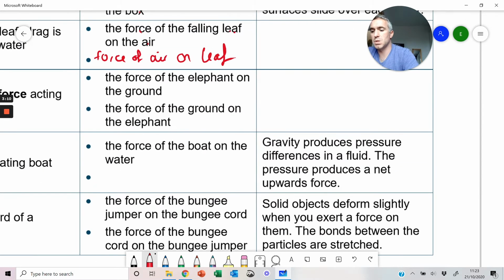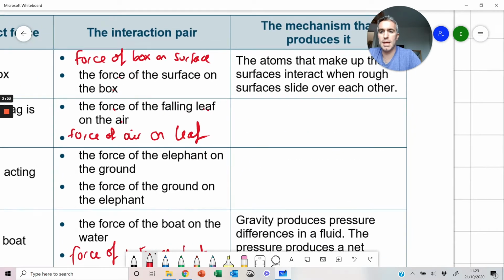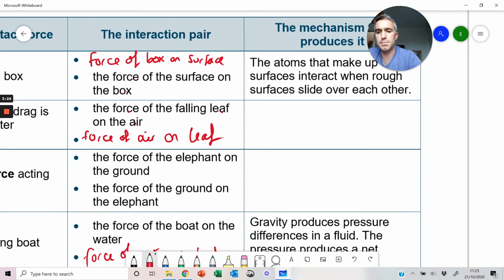Force of the boat on the water. Force of water on boat. And this one. This is a mechanism that produces it. Air particles collide with the leaf.